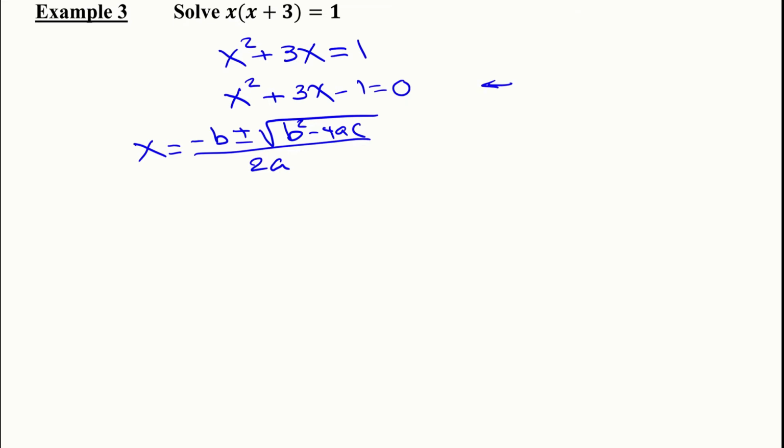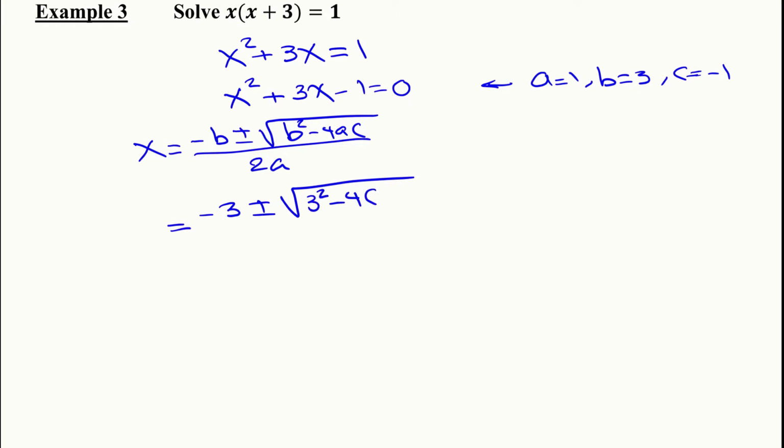In this problem, we can see that a equals 1, b equals 3, and c equals -1. So if we go ahead and substitute, we get negative b, which is the opposite of b, so -3, plus or minus square root of b squared, so that'll be 3 squared, minus 4 times a, which is 1, times c, which is -1.